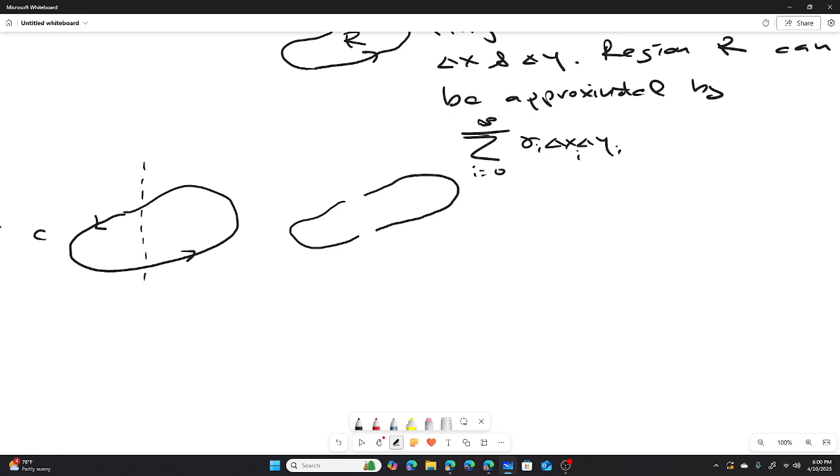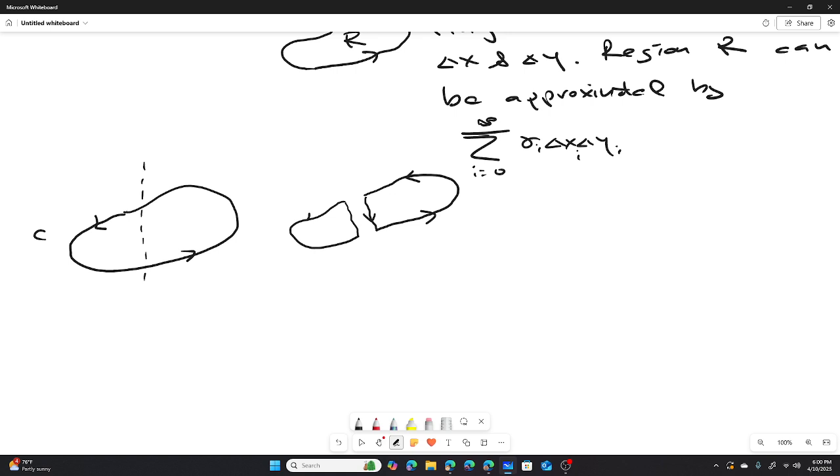Suppose that we are able to cut this curve C into two, and with this cut, we now have two curves. The first one, the top right, is still counterclockwise. So the curve is going down like this.